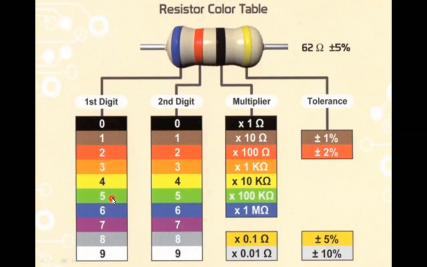And this is the second digit, again 0 to 9. And the third is called the multiplier, which can be 10 to the power of 1, that is 10 ohm, 100 ohm, 1k, 10k. It depends on the color. We'll see in the next slide. And the fourth one, which can be gold or silver, is called the tolerance.